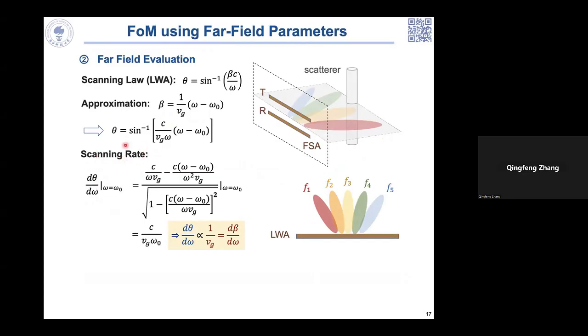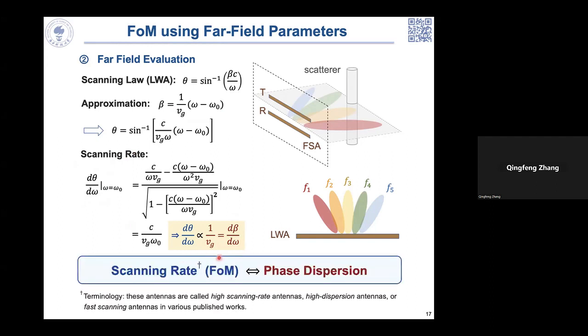So this scanning rate will tell you the sensitivity of this angle with respect to the frequency. After some derivation, you will see that this scanning rate is proportional to the phase dispersion of this transmission line or antenna. So finally, we can use the scanning rate as a figure of merit because it is proportional to the phase dispersion.